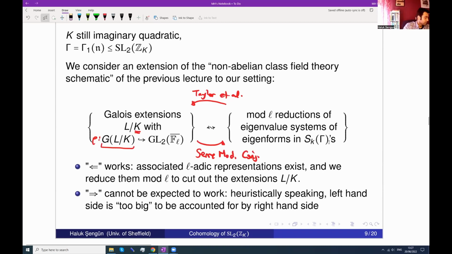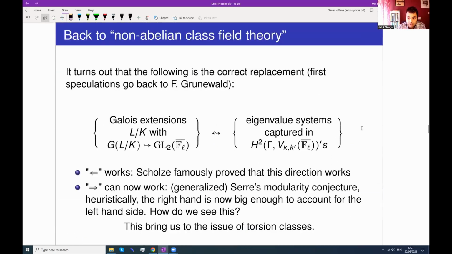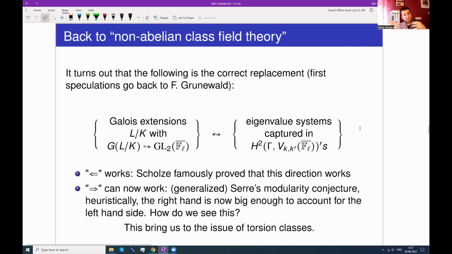So that means that the right-hand side is not quite what you want to put on the right. And it turns out the correct thing to put on the right-hand side is not just mod L reductions of Hecke eigenvalues of cuspidal Bianchi eigenforms, but eigenvalue systems captured directly in mod L cohomology.